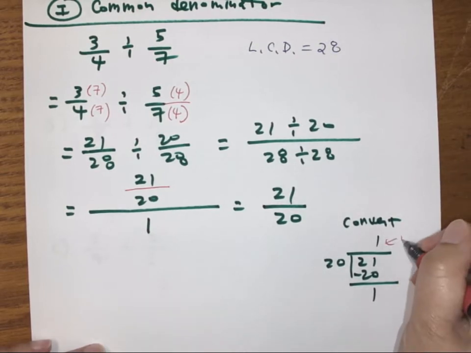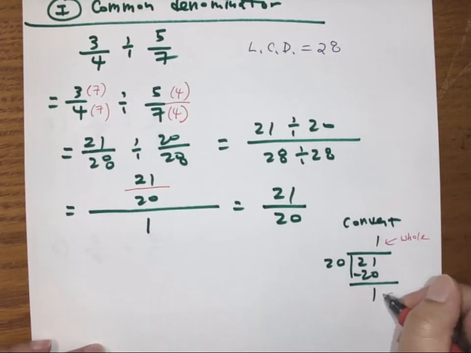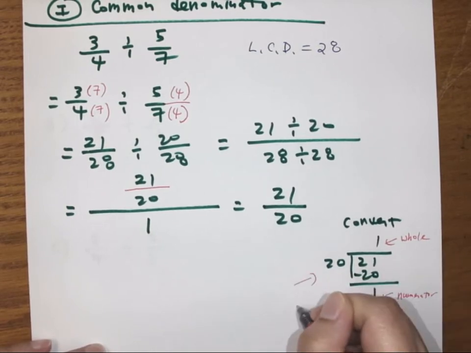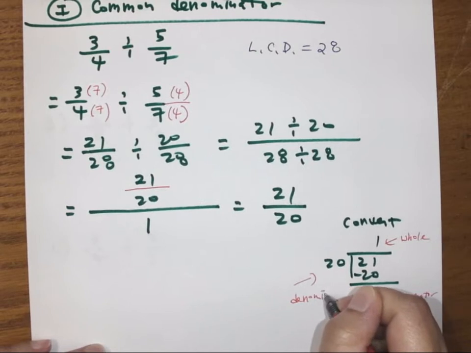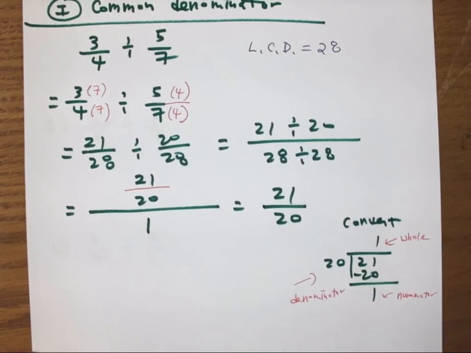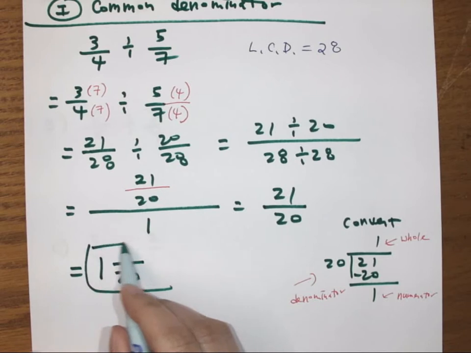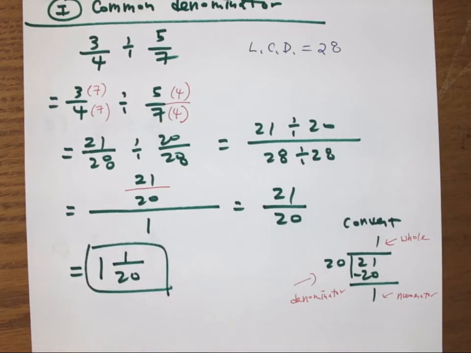Label it for me: this is the whole number, numerator, denominator. So my final answer is 1 whole, 1 in the numerator over 20 for my denominator. That's my final answer.